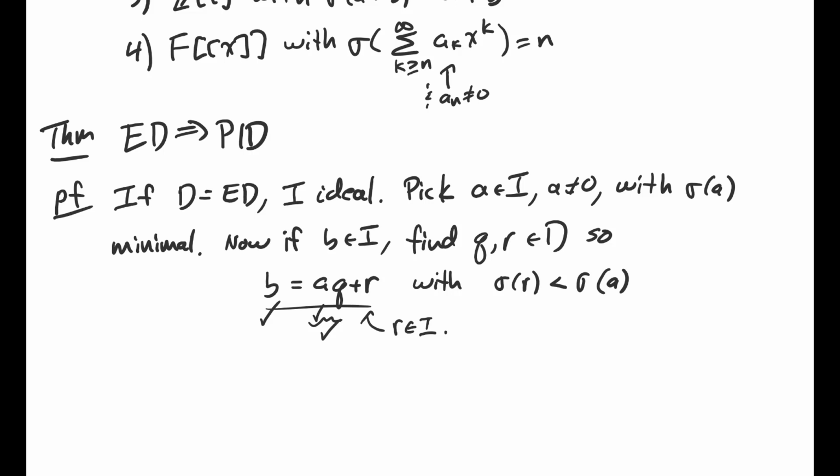Well, that's a bit of a problem here, because we chose A to be, of the non-zero things, to have minimal size in I. But if R is in I and it's smaller than A, that would violate our choice of A unless the R was 0.